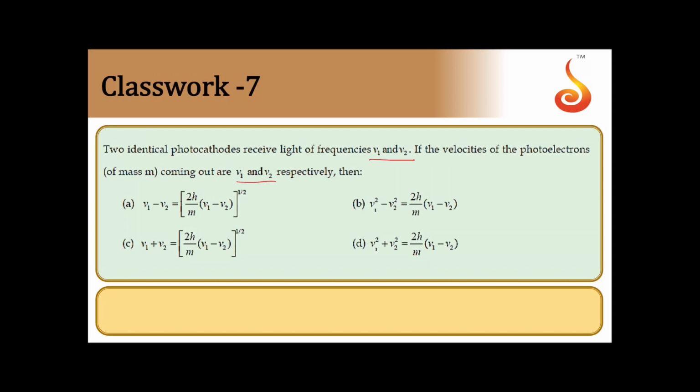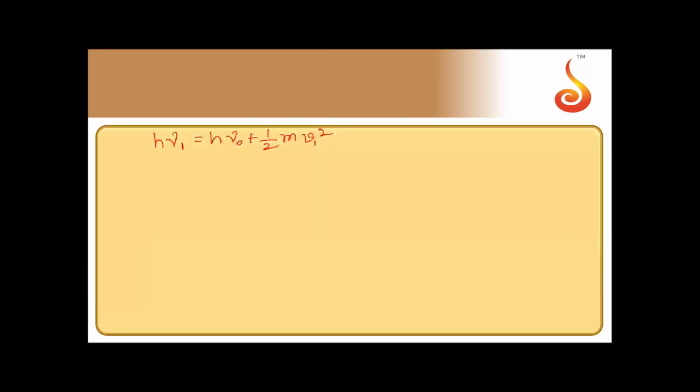They have given that they are identical photocathodes, so nu0 will be the same for both. Now for the second one, h nu2 is equal to h nu0 plus half m v2 square.